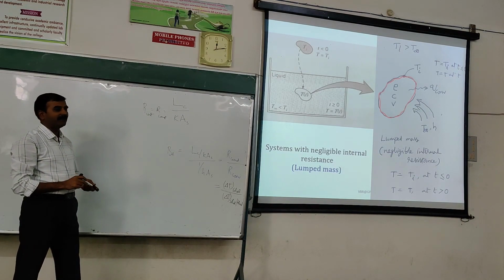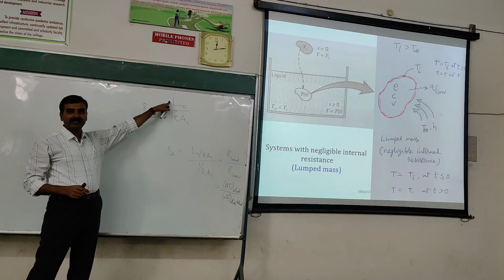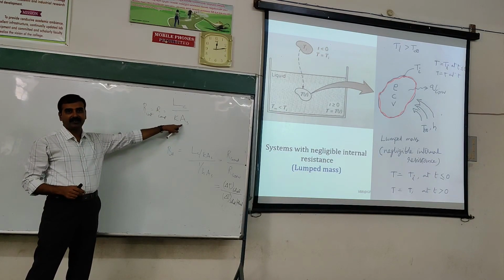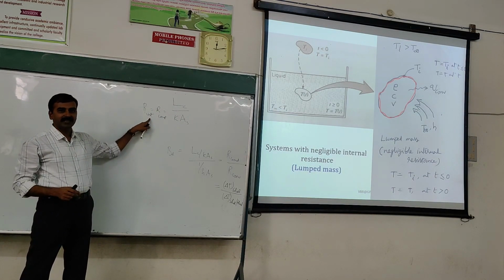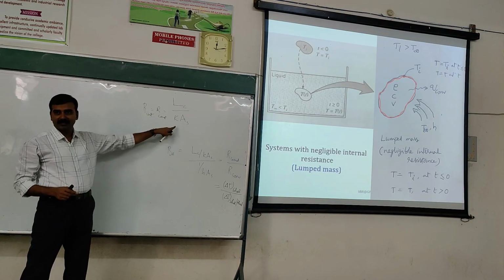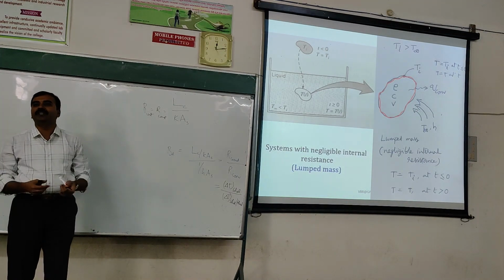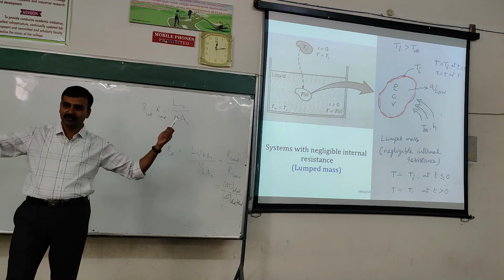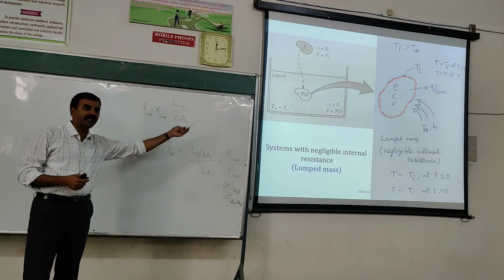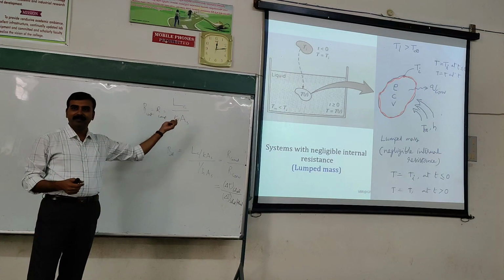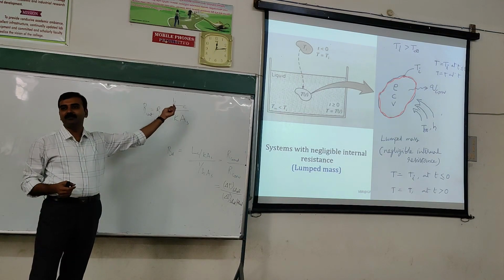See, for a given body, length is fixed, area is fixed. Now, what is the variable here that influences the resistance? Thermal conductivity. So, for bodies whose thermal conductivities are closer to infinity, are very huge, then this whole value will be very minimum, and when it is infinity, it will become 0.